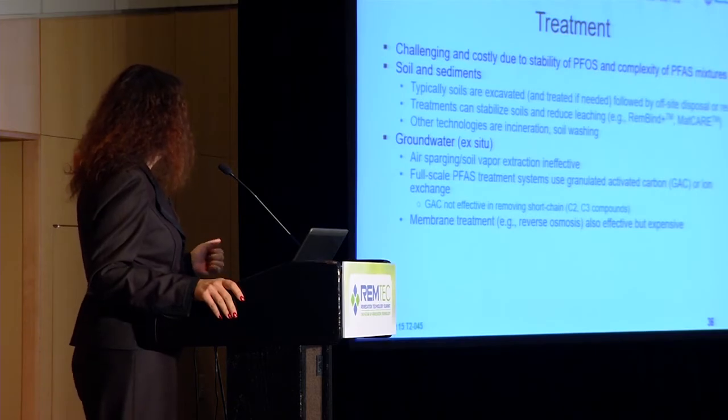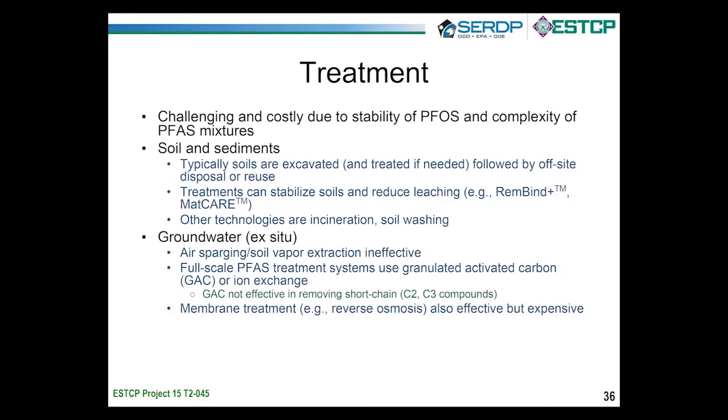For groundwater, because of the high solubility of these compounds, but their low Henry's constant, they tend to like being in the water phase, and air sparging and soil vapor extraction, which are very good treatment methodologies for fuels, are not very effective at AFFF-impacted sites.